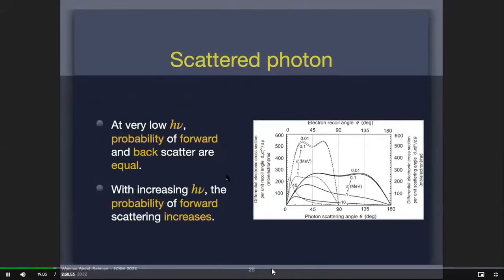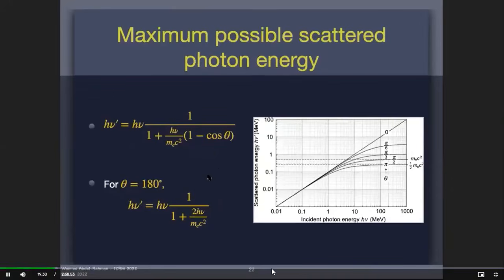For Compton, the general rule is that at very low energies, the probability of the scattered photon being in the forward and the backward directions are equal. However, as the photon energy increases, the scattered photon is likely to be more in the forward direction. This is the maximum possible energy transfer, or the maximum possible scattered photon energy.